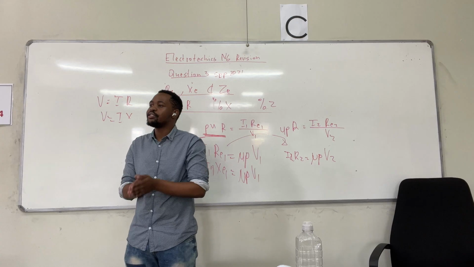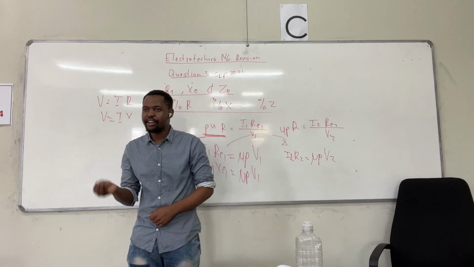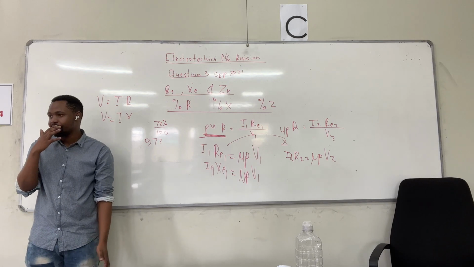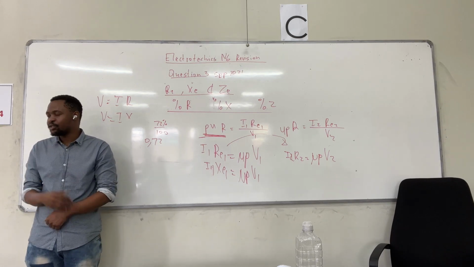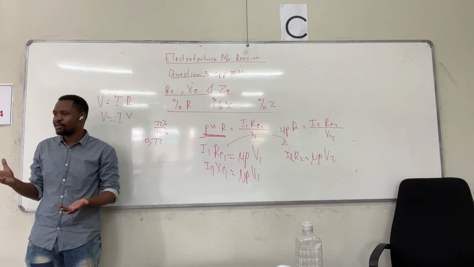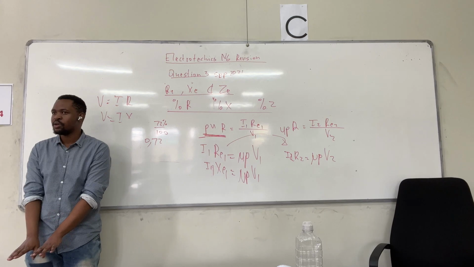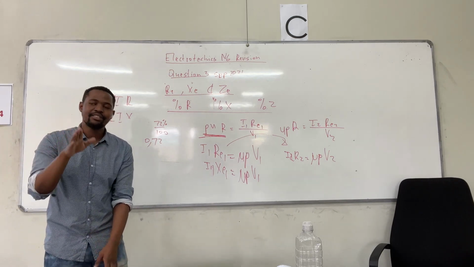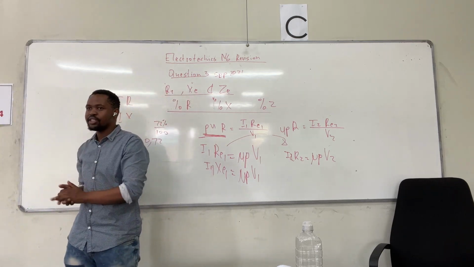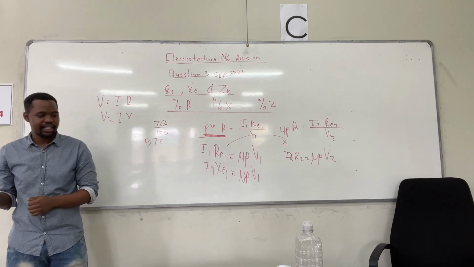Because if the output of a transformer is not constant, we're going to have problems with our electrical appliances. Our TVs will burn because the voltage is too much, or our TVs will not work because the voltage is low. So the transformer that is supplying maybe the street must give us a constant voltage output. So it must give us a voltage regulation.